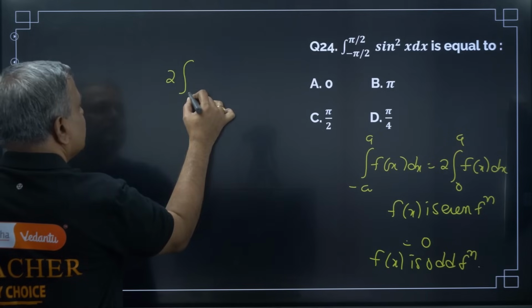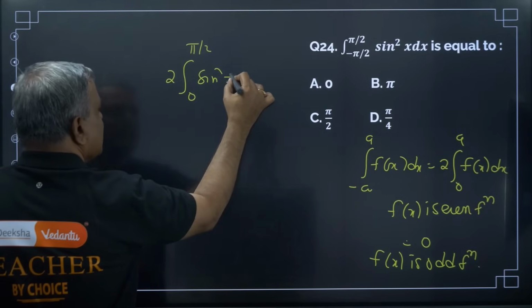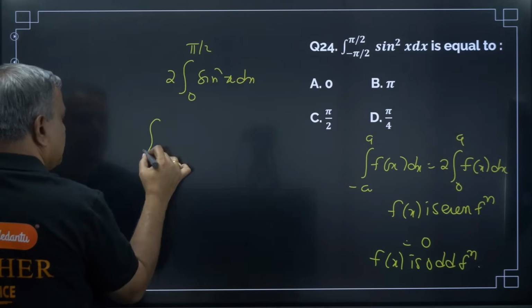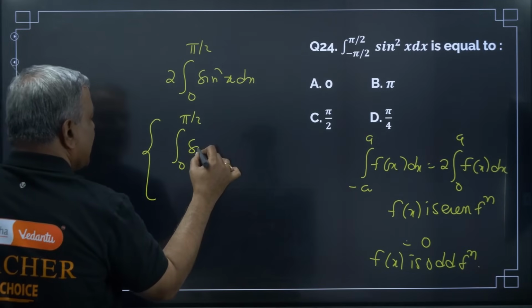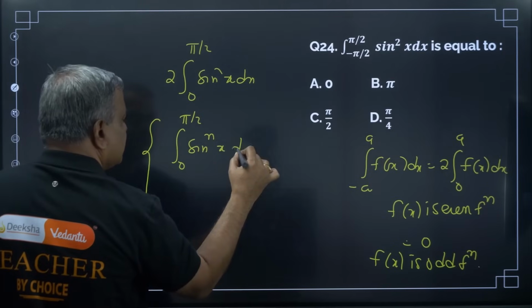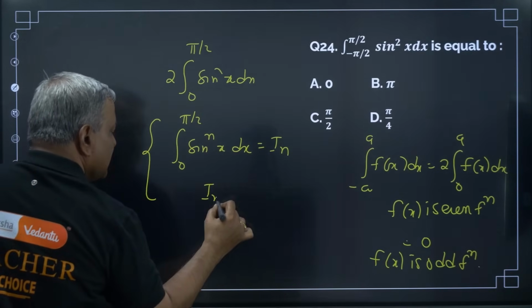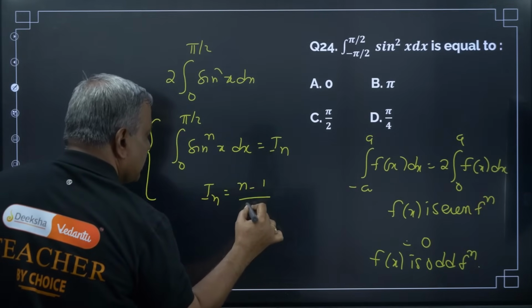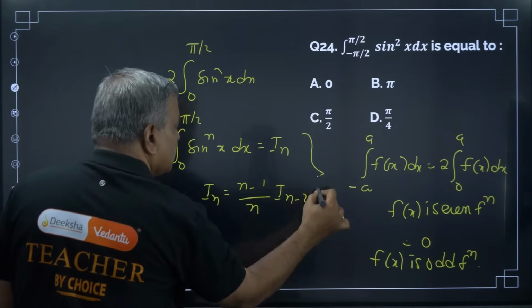So what we get now? 2 times integral 0 to pi by 2 sine square x dx. One more concept: integral 0 to pi by 2 sine to the power n x dx is equal to I n. The formula is I n equal to n minus 1 by n I n minus 2. These are the two concepts.